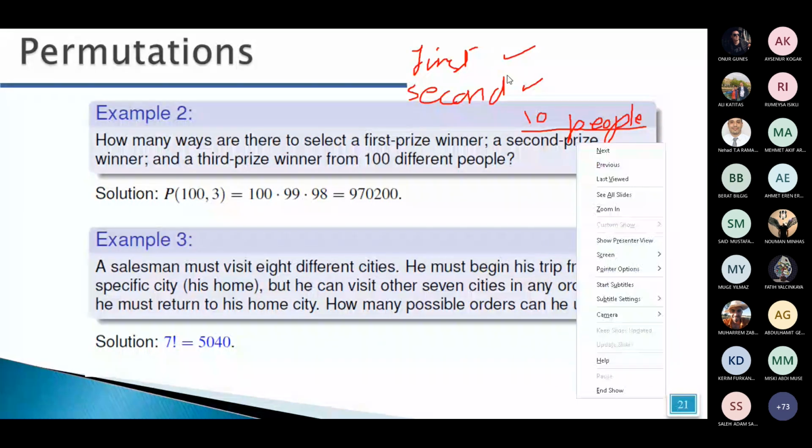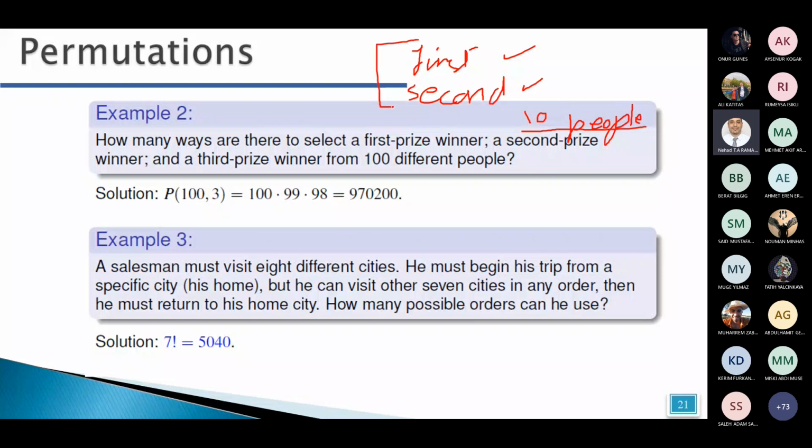Because R is 2, N is 10. So it's actually permutation for 10 and 2. So we have 10 multiplied by 9. Why?